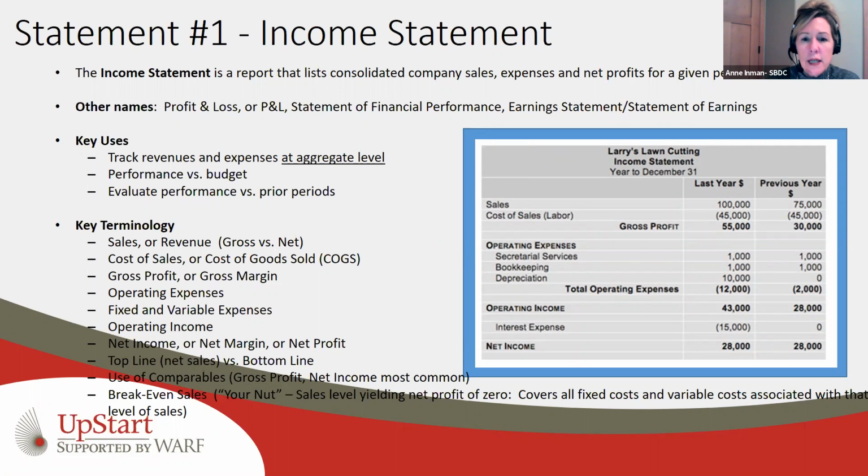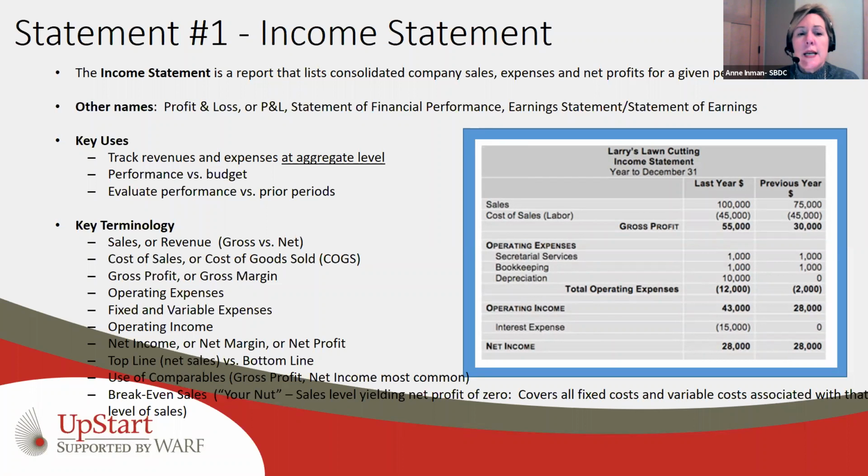So let's start here at this example I've got for Larry's Lawn Cutting on the top line here, which is our sales line. This is sales for the reported period. So this one is the year to December 31st. This is an annual period. And this will either be called sales or sales revenue. Sometimes you'll see different revenue streams broken out separately. That's completely up to you if you want to set this up in a way that's going to be most meaningful to you.